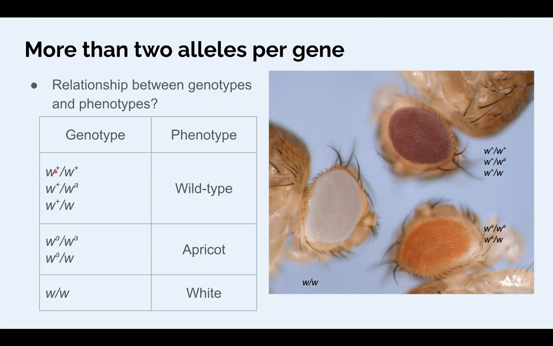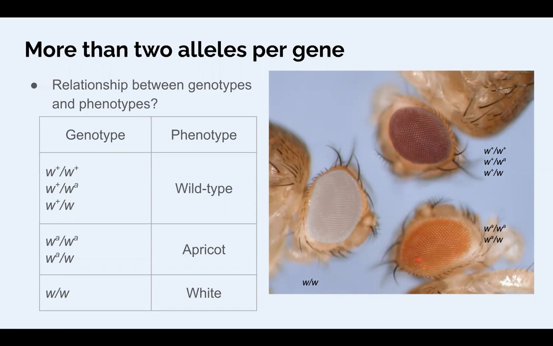And having at least one of these W plus alleles gives you the wild type phenotype. So that is a dominant allele, gives you the dominant wild type phenotype. But if anybody's missing the W plus, there's a couple of alleles. One of them is kind of a halfway functional allele, and it produces a halfway functional color here. So it's a mutant allele that we call apricot.